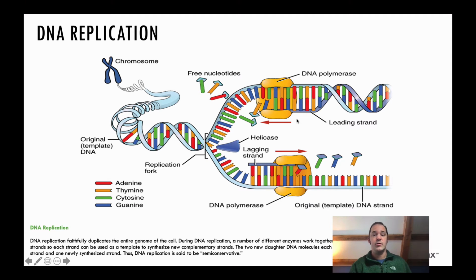And DNA polymerase takes nucleotides, free nucleotides that are in the cell, and matches them up to the complementary nucleotides as it reads down the template strand, and it adds nucleotides as it moves down the strand and builds a complementary new strand.